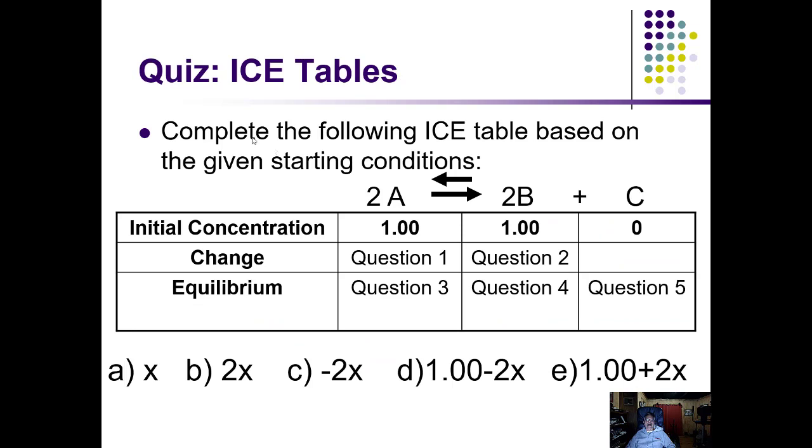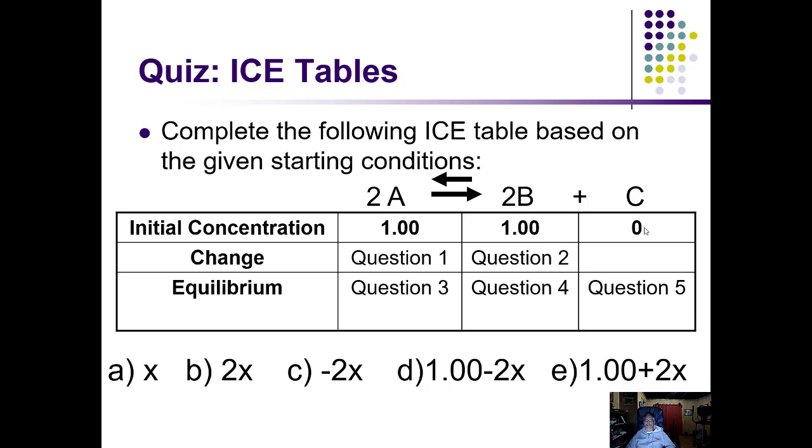So we will be asking you these questions, just filling out an ICE table based on the given starting conditions. We'll ask you this in class. You have an initial concentration of 1 molar for your reactant A, an initial concentration of 1 molar for product B, but your product C concentration is 0.